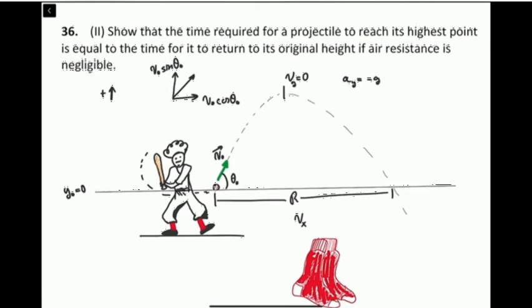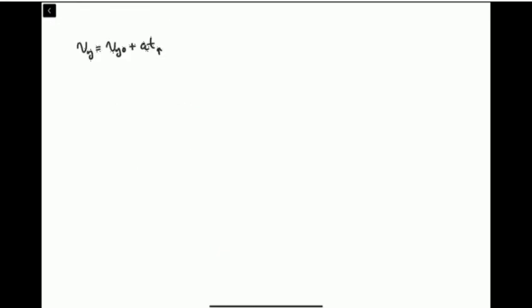So to find the highest point that the projectile reaches, we'll use this equation. Final velocity in the y direction equals initial velocity in the y direction plus acceleration times time, and this time is going up. Solving for time, we get the final velocity in the y direction minus the initial velocity in the y direction, over acceleration, which is negative g.